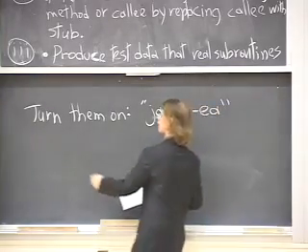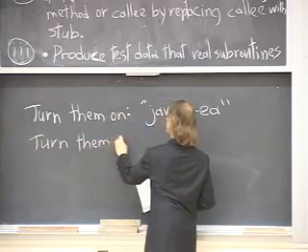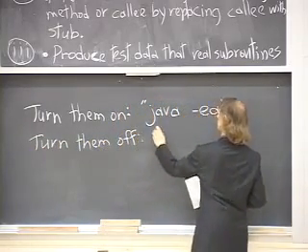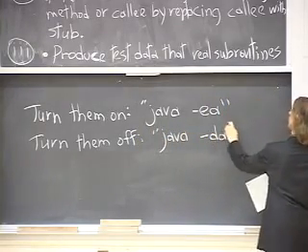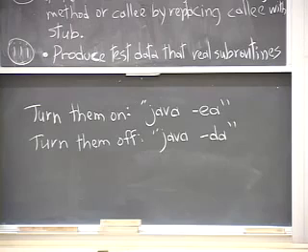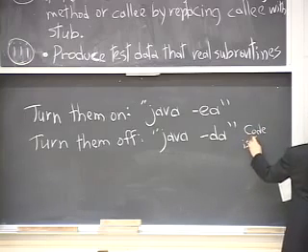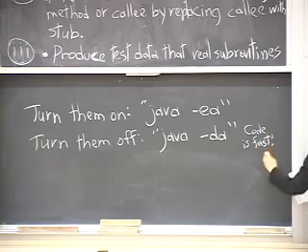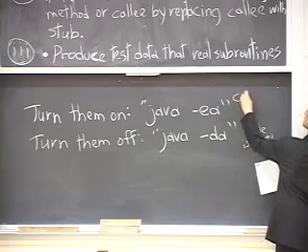And when you want to turn them back off, you use java -da for disable assertions. And so when you turn them off, your code is fast. We don't execute any of the assertions. When you turn them on, your code is tested.